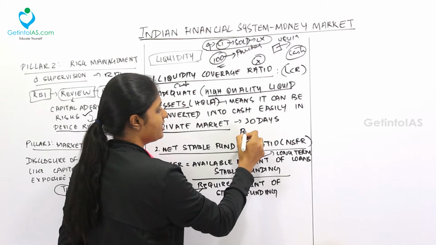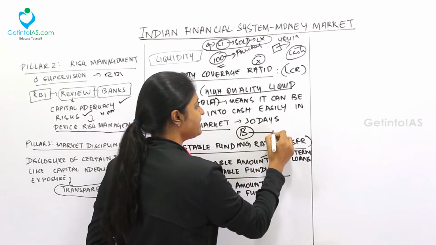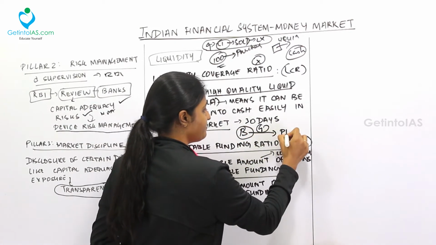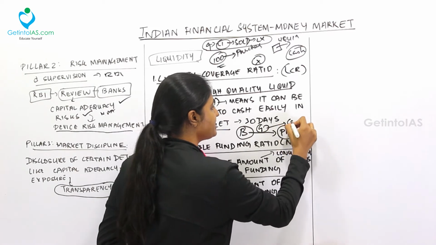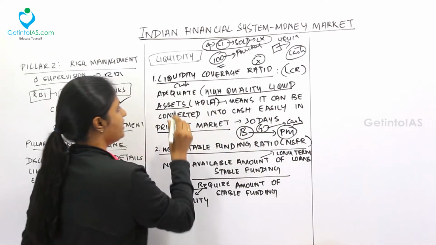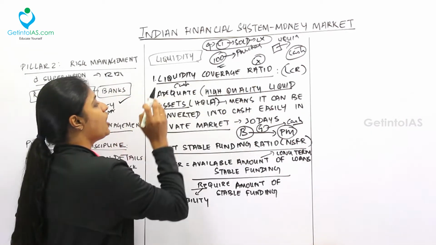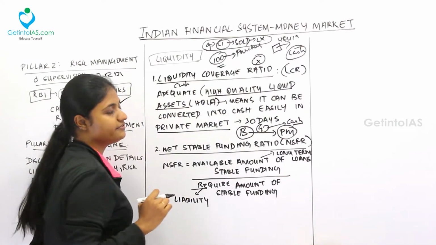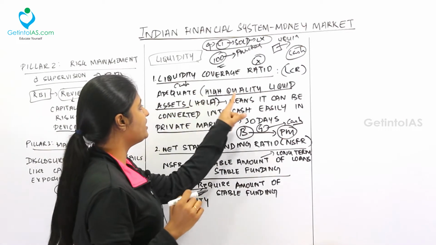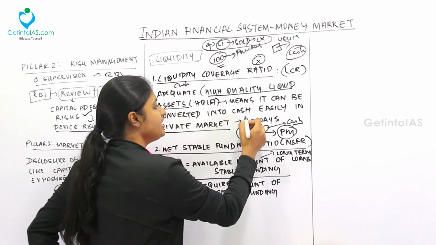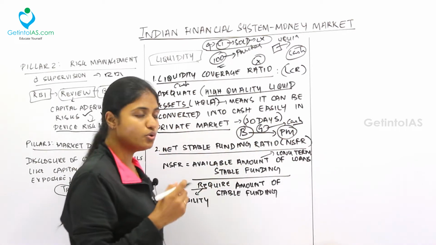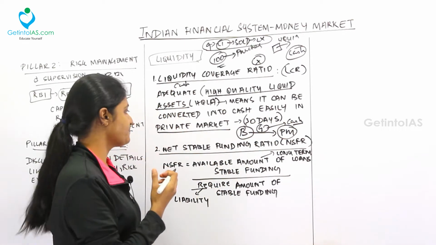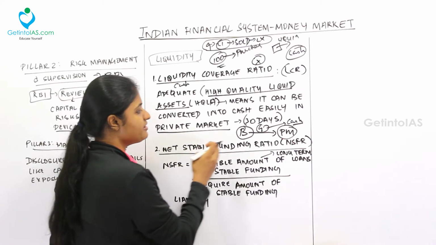So if the banks are willing to liquidate certain gold in the private market, they can easily get the cash. So that is called the liquidity coverage ratio or high quality liquid assets. These high quality liquid assets should be maintained for a period of 30 days to absorb all the risks.